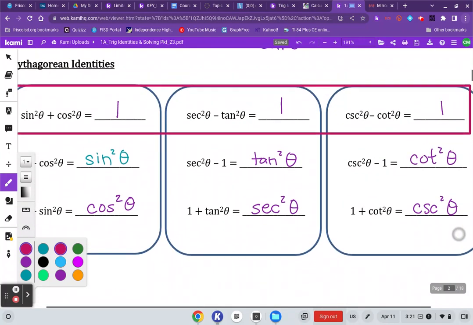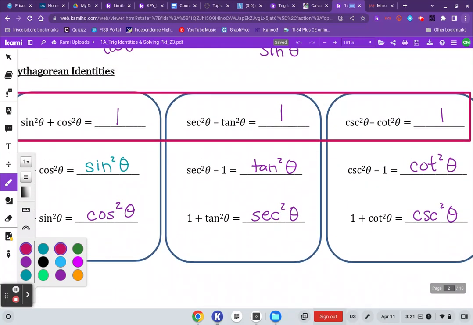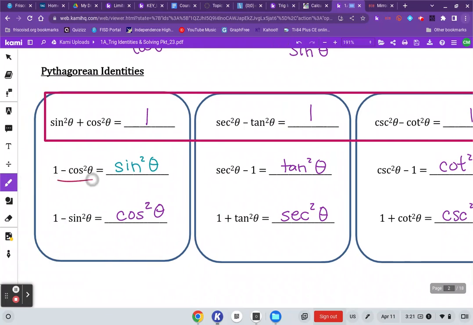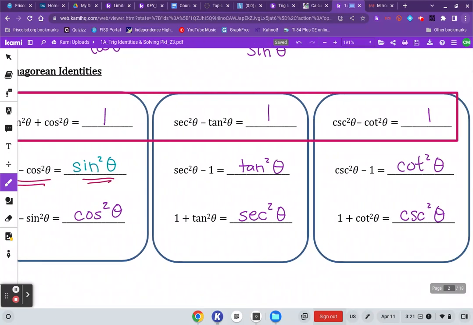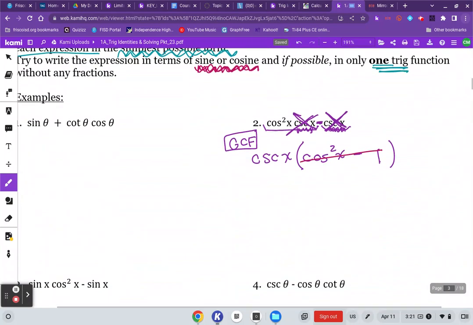Yes, cosine squared minus 1 is equal to negative sine squared. So I can put negative sine squared of x in place of what was in that parentheses there.